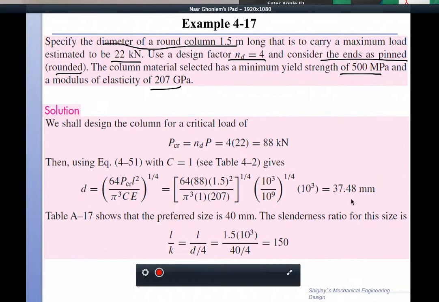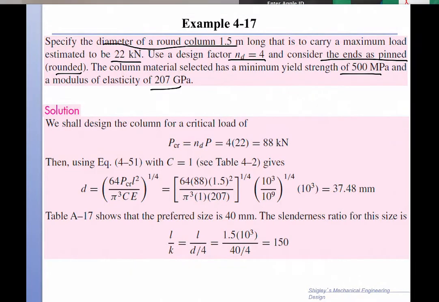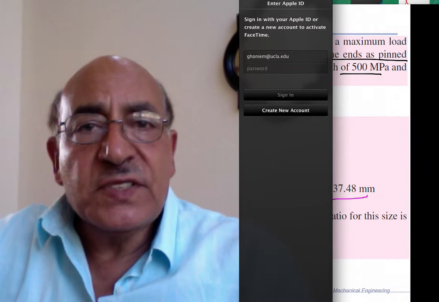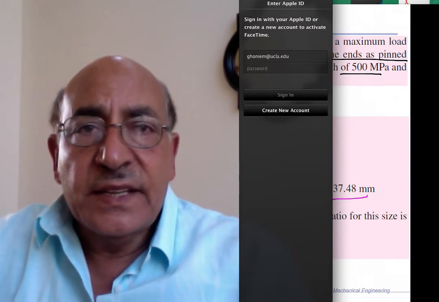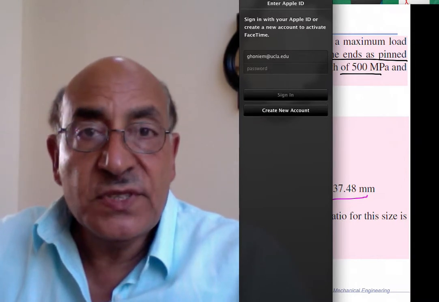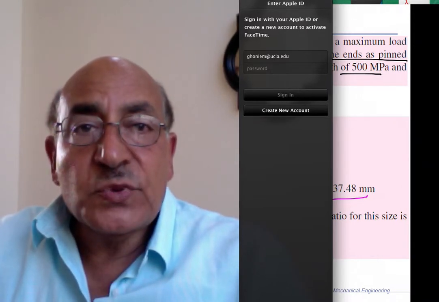So if you look here, first the load is increased to account for the safety factor. Now we use the previous results with C equals 1 to find the diameter to be 37.48. And if you calculate a diameter and it comes out fractional, that doesn't mean that the design is finished, because you have to look in the tables for the preferred sizes.